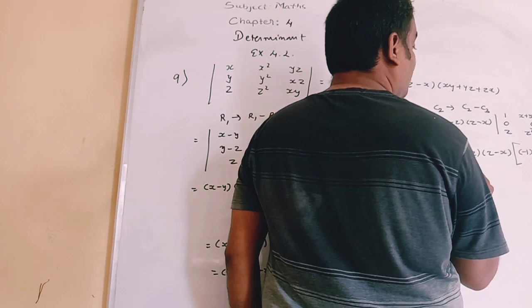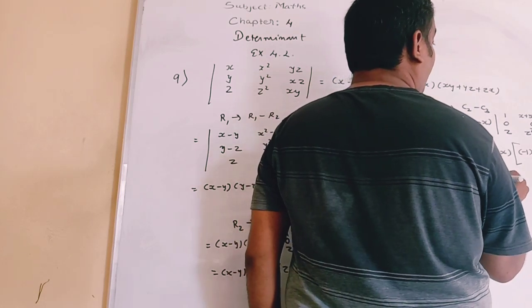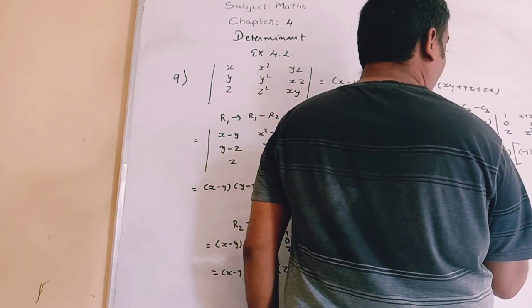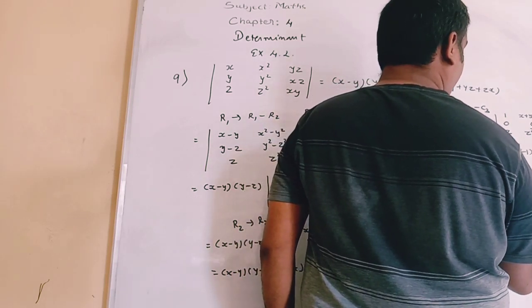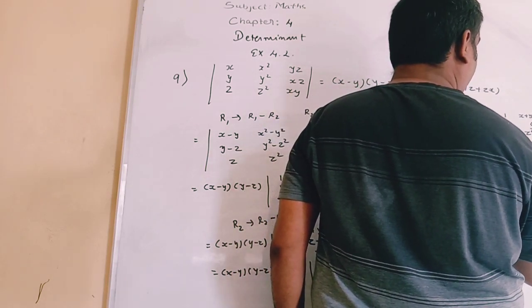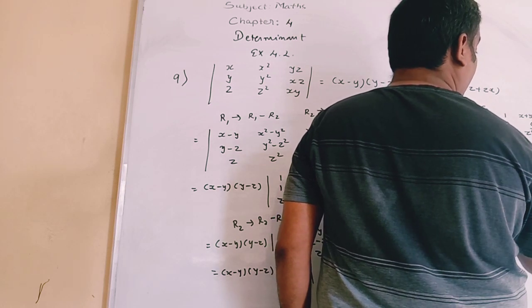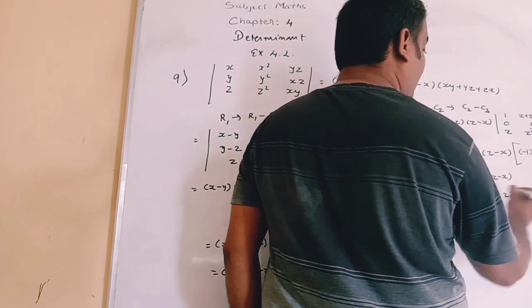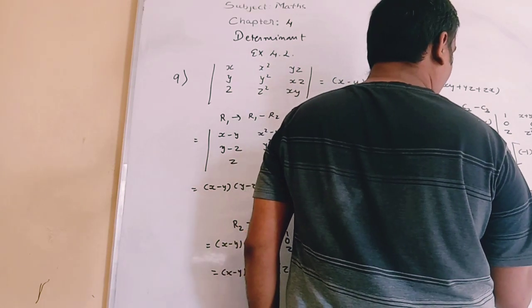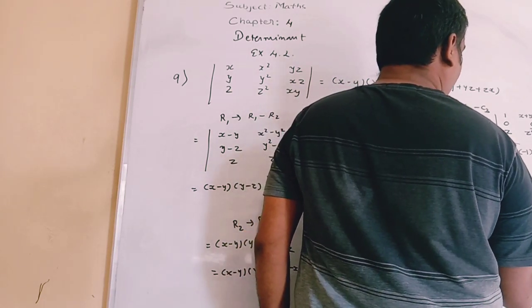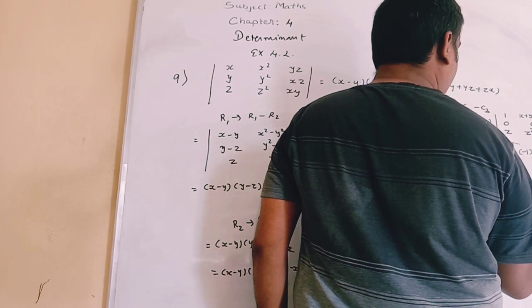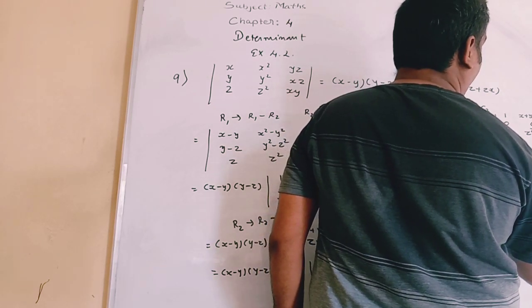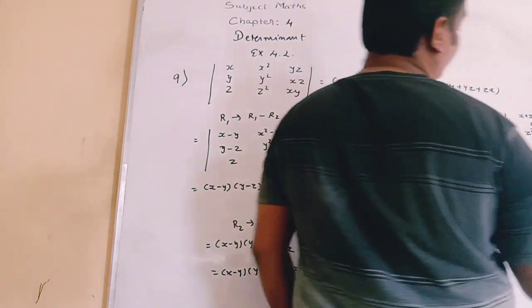Then x minus y, y minus z, z minus x, then it will be z square minus xy minus zx minus yz minus z square into minus 1. So z square cancels away, minus 1 inside multiply. Then x minus y, y minus z, z minus x, xy plus yz plus zx.